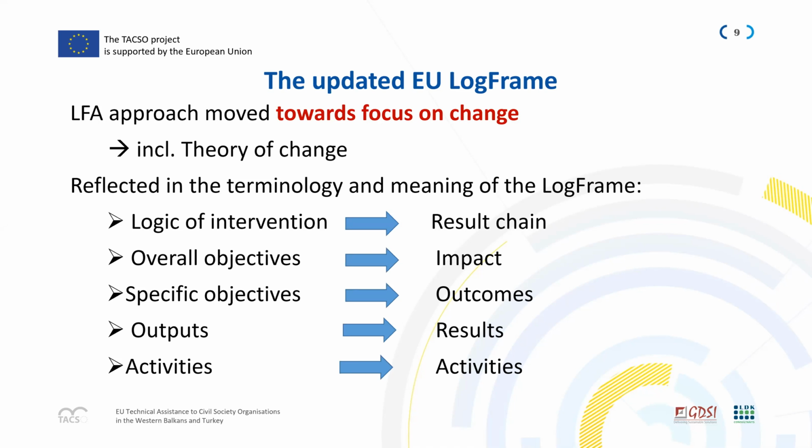So logic of intervention is now reflected in the terminology and meaning of the LogFrame as result chain. Overall objectives are reflected in impact, specific objectives in outcomes, outputs as results, and of course, activities further on.